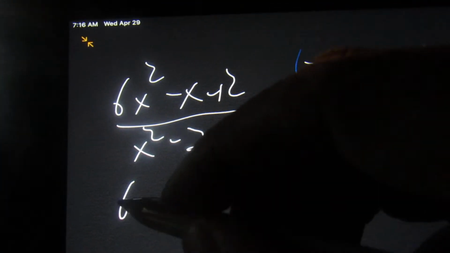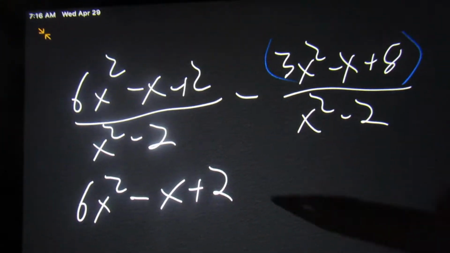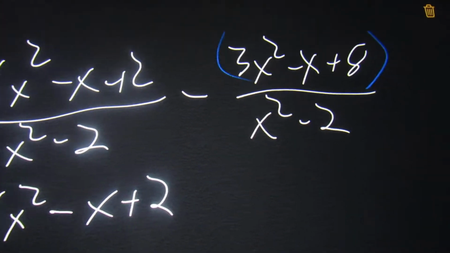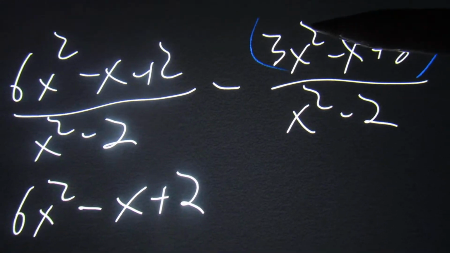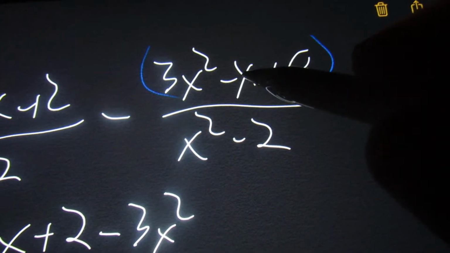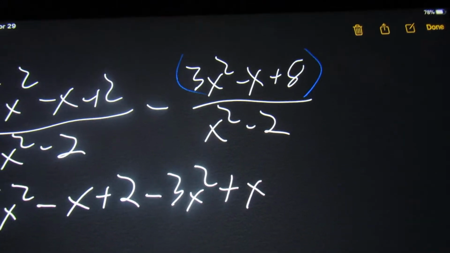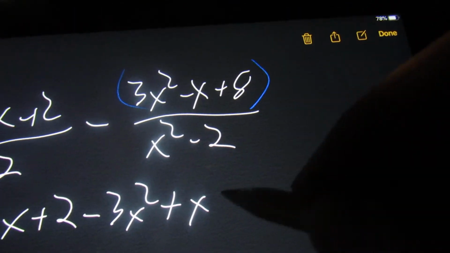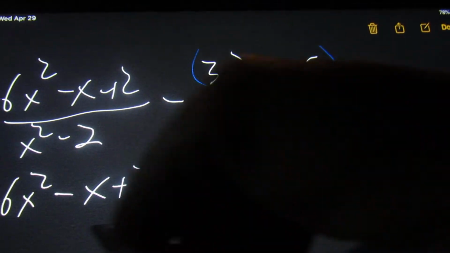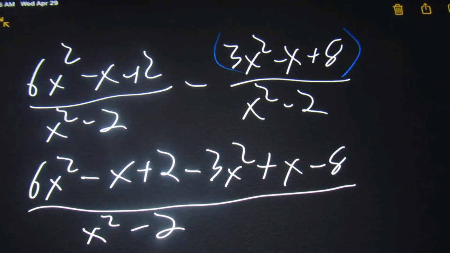And I'm going to have 6x squared minus x plus 2. And I'm going to do this all in one step. It was a 3x squared, so it becomes minus 3x squared. It was minus x, so it becomes plus x. And it was plus 8, so it becomes minus 8. And it's all over x squared minus 2.